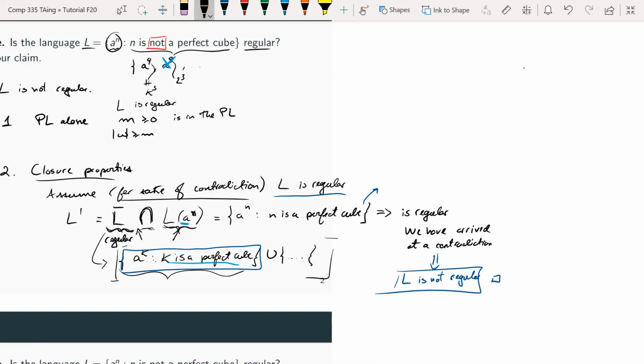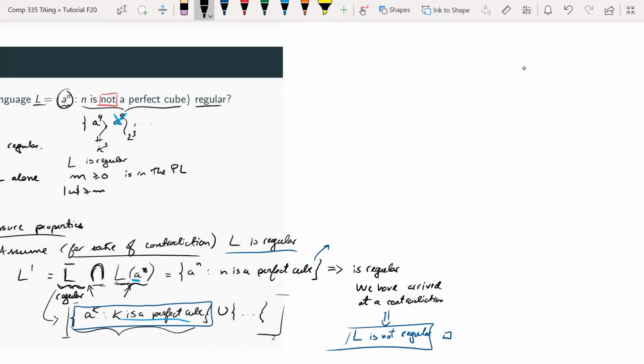And maybe a more general question then is, if L is not regular, can L complement be regular? So this is a general question that we would have from this instance of a problem. And in fact, this can never happen. You can never have L complement regular and L not regular. Why? Well, if L complement is regular, we know that regular languages are closed under the complement.